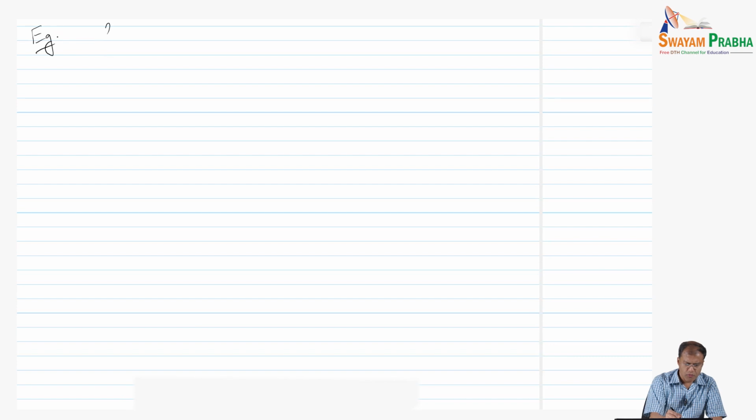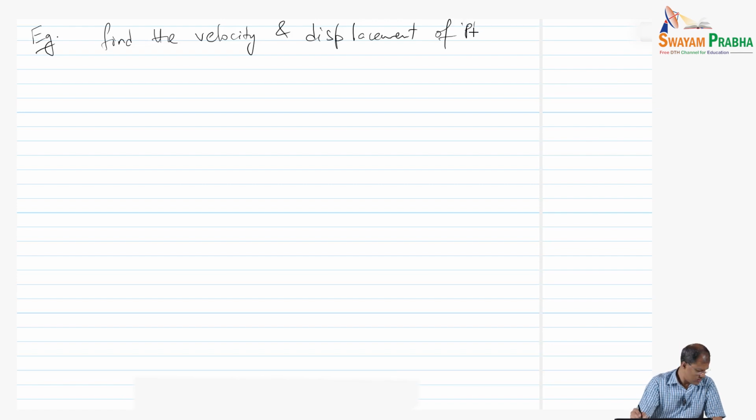It says find the velocity and displacement of a particle P whose acceleration at time t is a(t) given by 12t² − 6t + 6, right?